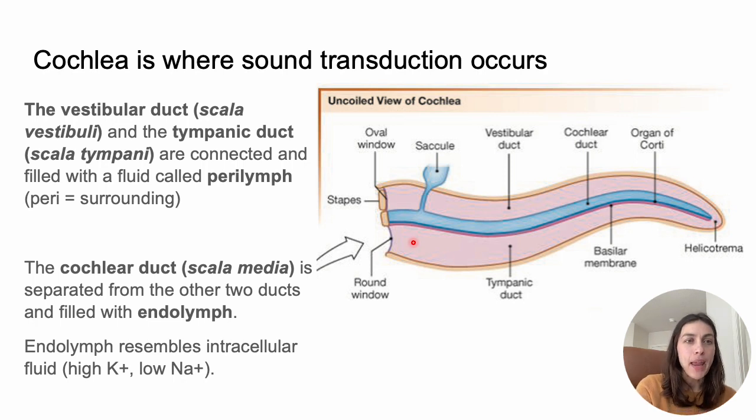And this little point area, which is the end of the snail shell shape, is where the perilymph can now get bumped. Imagine that you're pushing fluid, right?